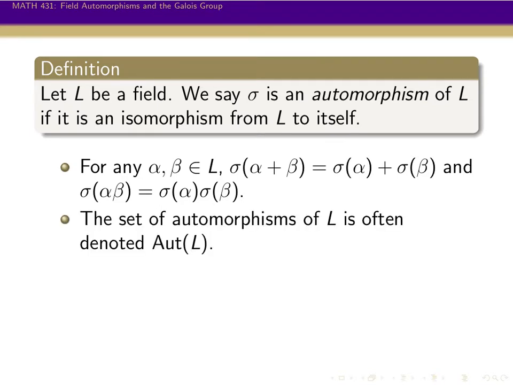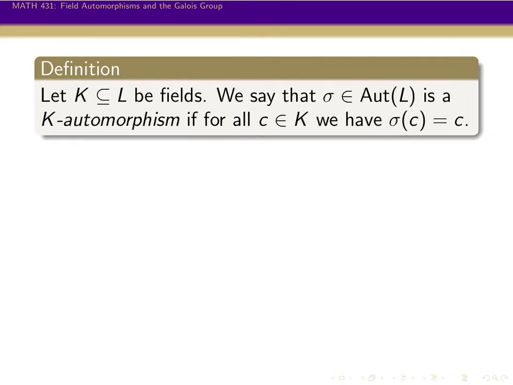If you take the set of all the automorphisms of L, it is usually denoted Aut L. So Aut L stands for all the automorphisms of L. We are particularly going to be focused in on automorphisms that don't move some subfield of it.